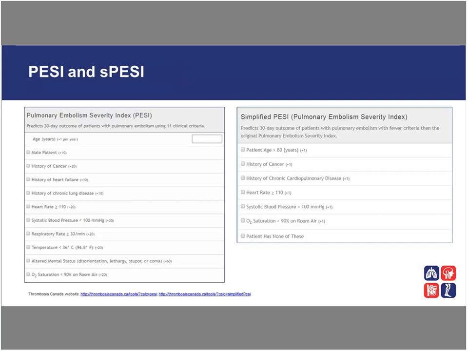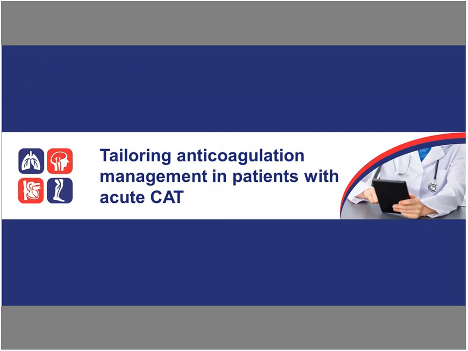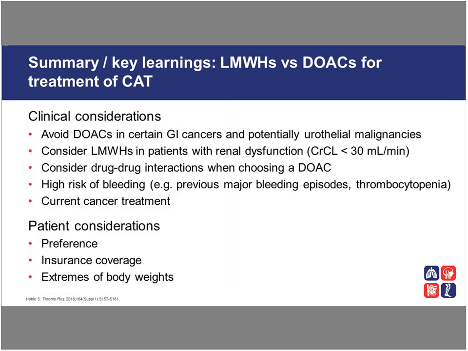The simplified score has been shown to work just as well as the PESI score in determining risk of death and adverse outcomes at 30 days in a patient who presents to the emergency room with pulmonary embolism. You can see simply that these are mostly patient-derived factors and clinical factors, and there are no lab parameters included here. We'll get back to this score when we apply it to one of our cases at the end of this talk.